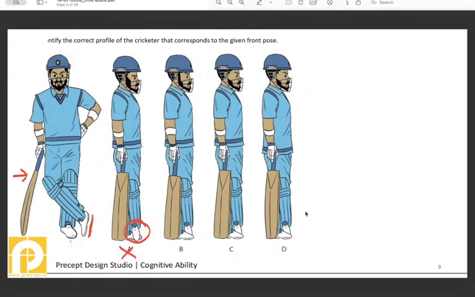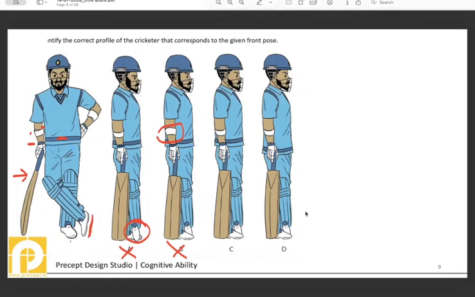Between B, C, and D, when you compare them together, the hand band, which is one on top, this point on top and this at the bottom, is wrong in option B. Between C and D, when you compare and look at this shirt profile, the blue band on the hand and the blue band on the shirt, the blue band on the shirt is on top, the blue band on the hand is at the bottom.